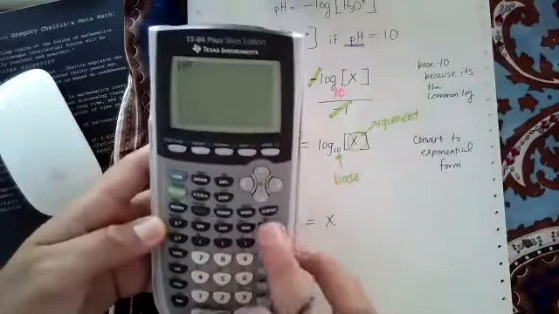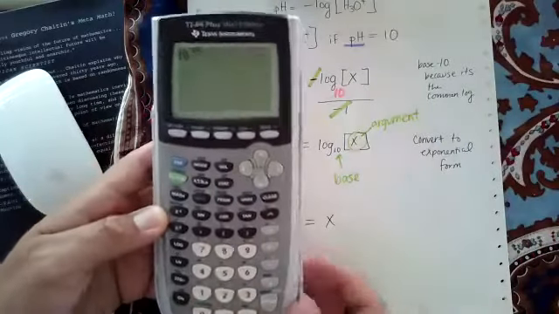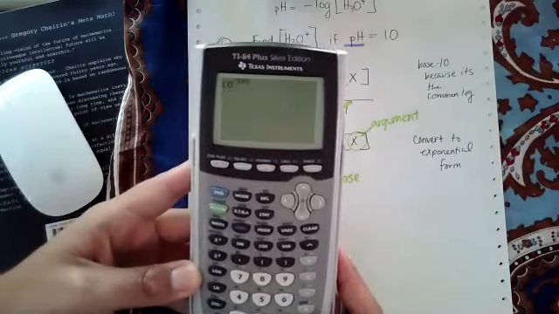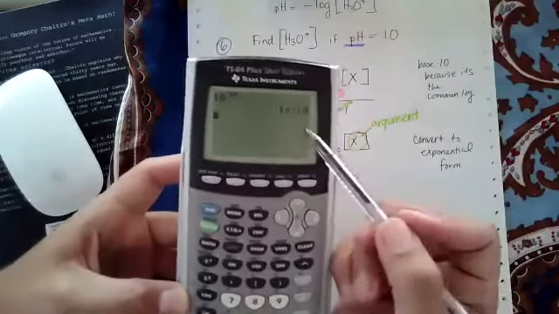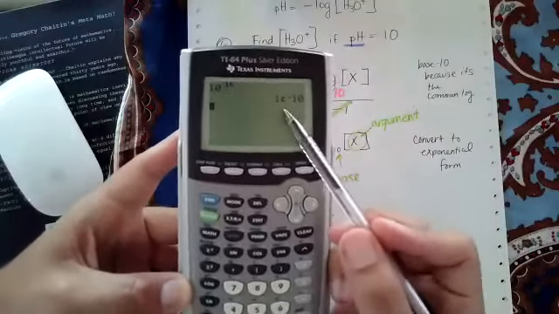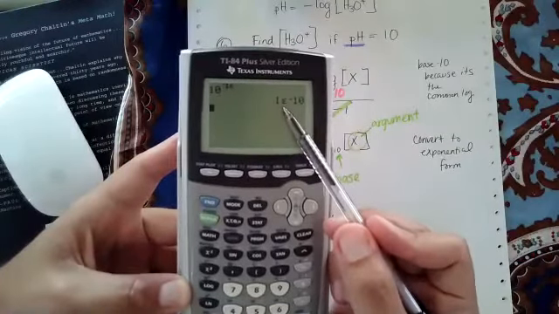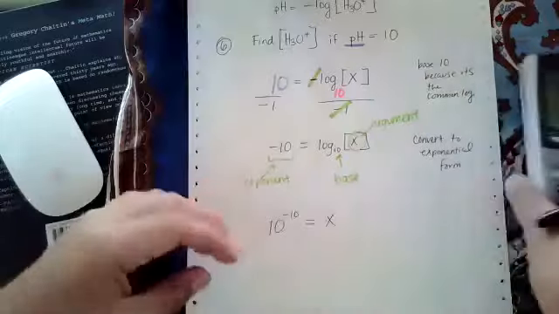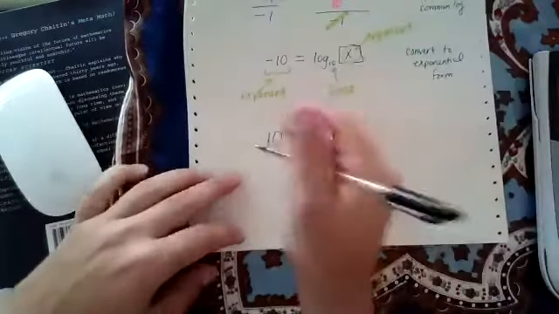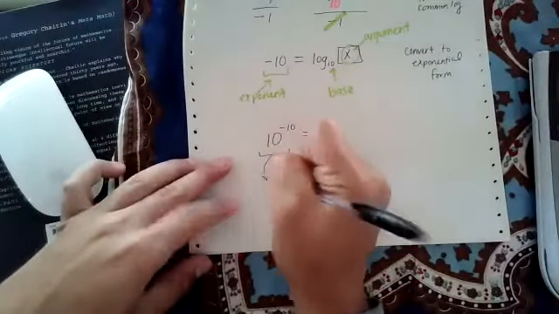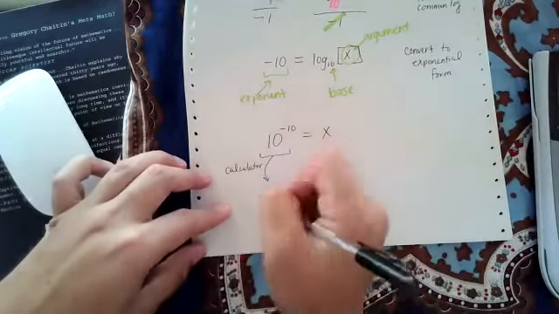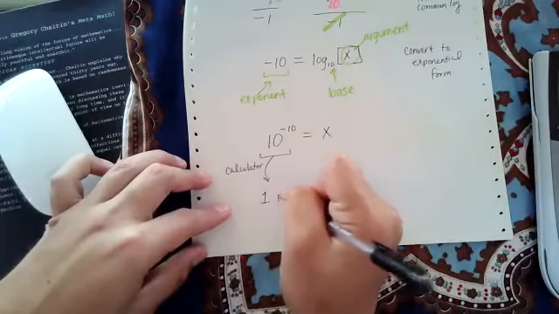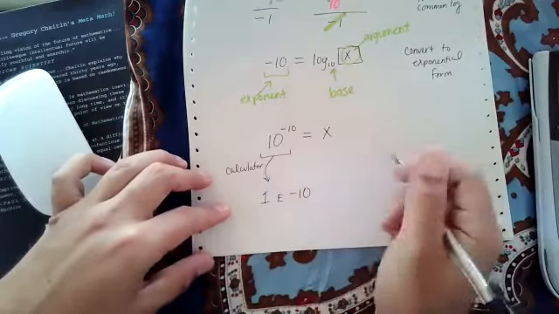Most calculators will probably already be set up in scientific notation for their outputs. And that's what this is saying. It's saying that our answer should be 1 times 10. That's what the E means. So let me write down this output. When you throw this into the calculator, most calculators will spit out 1e negative 10.